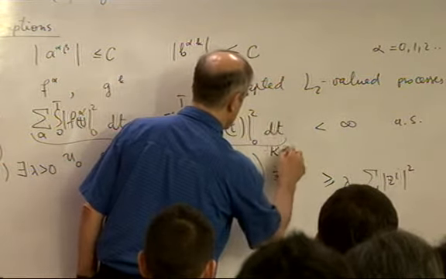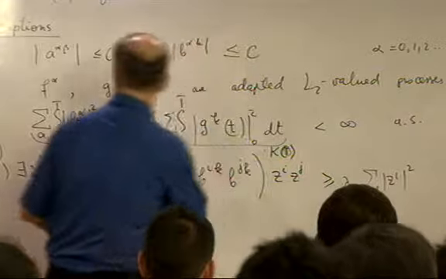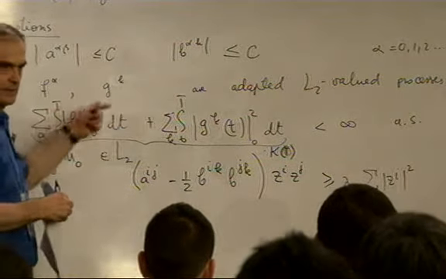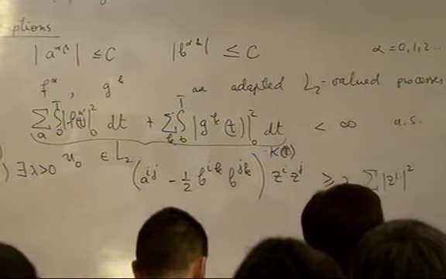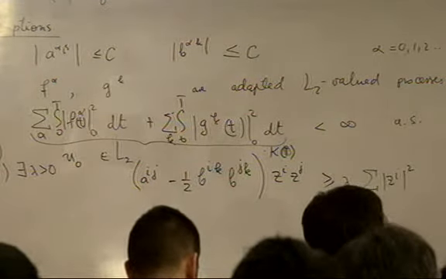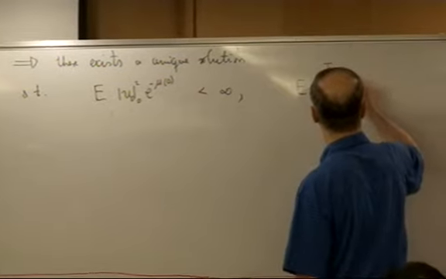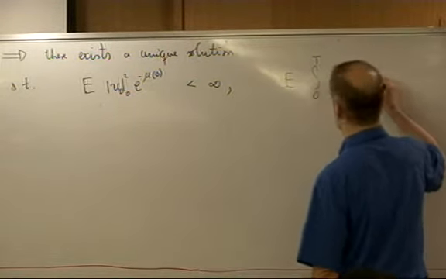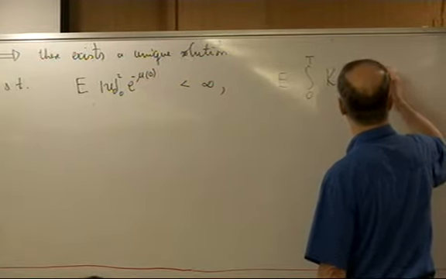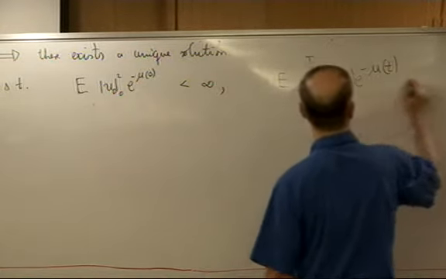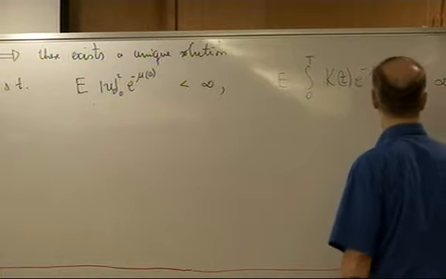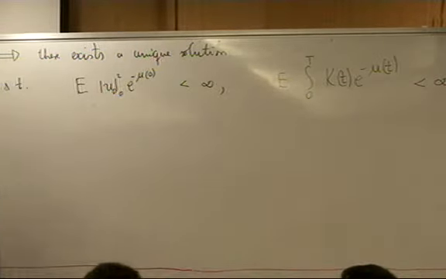Here this is in fact at capital T, but obviously you can define it for t more than capital T. We also want that the expectation of the integral from 0 to t of k_t multiplied by, say, e to the minus mu_t is finite. So let us take such a weight function. We can always find such a weight function.